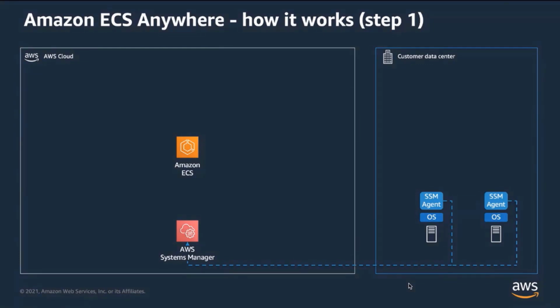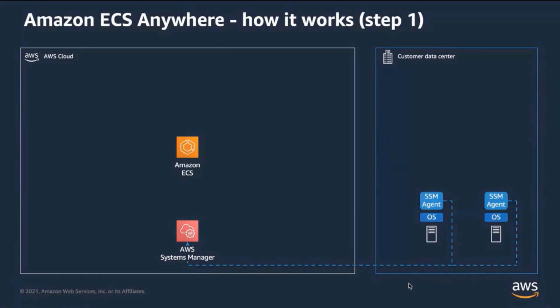The AWS Systems Manager establishes the hybrid connection and establishes the trust with the self-managed compute that you have. So essentially, once you install the SSM agent on the compute on the right-hand side, that SSM agent ensures that these are the compute that you want to use, and this is the account that I want to connect and use this compute capacity with.